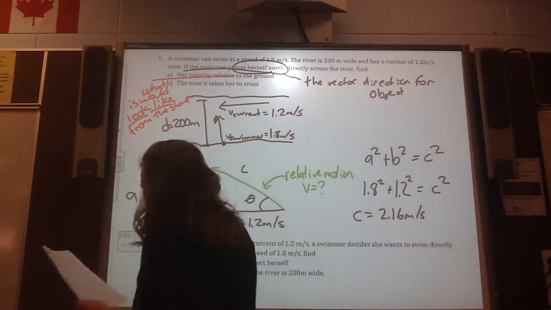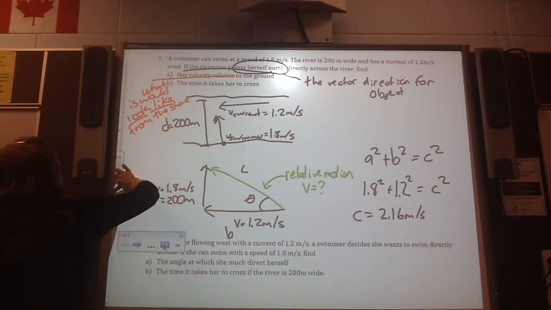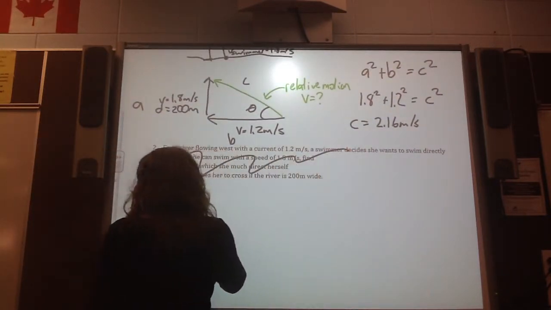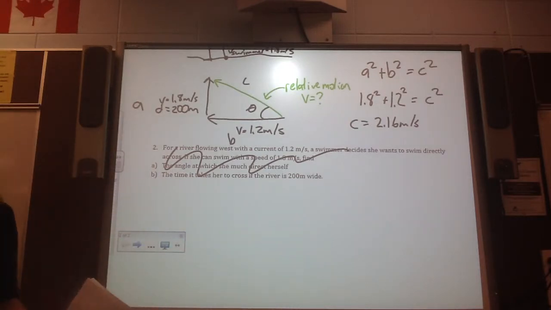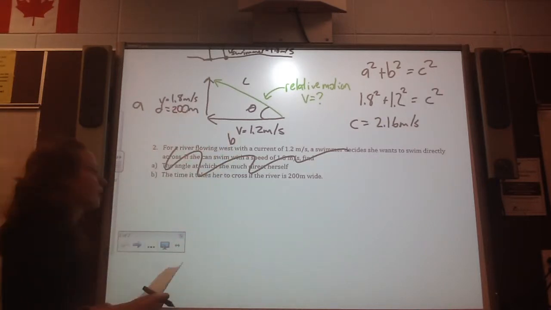To find that information, you can use any side, so you can use tan, sine, or cos. I chose tan because that's what I started with as my opposite and my adjacent information.